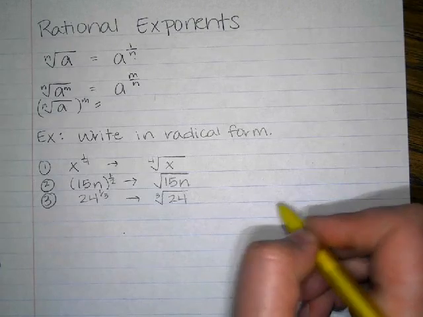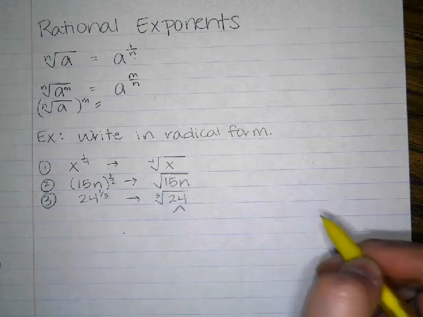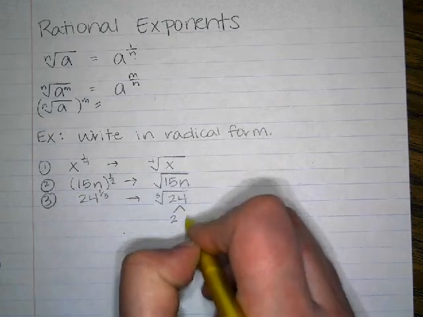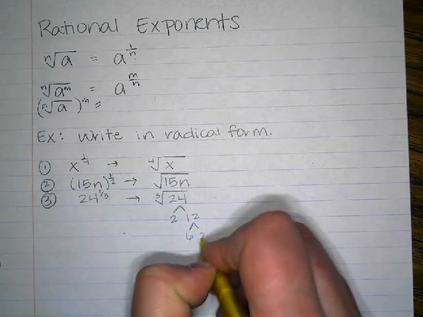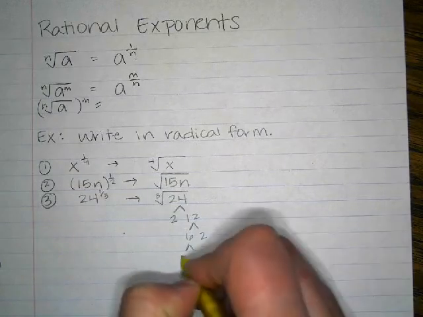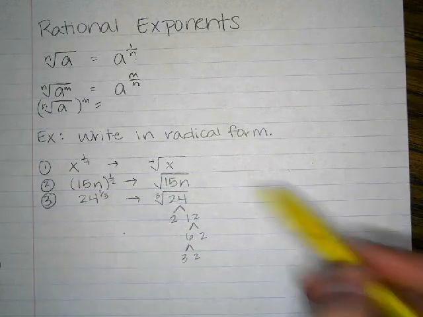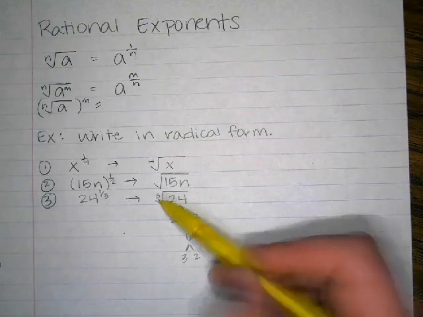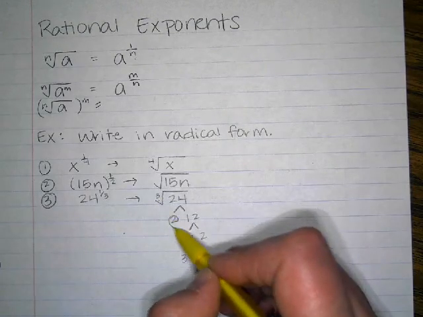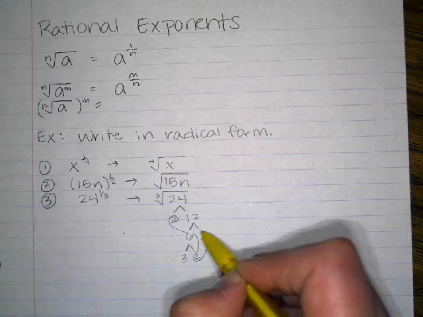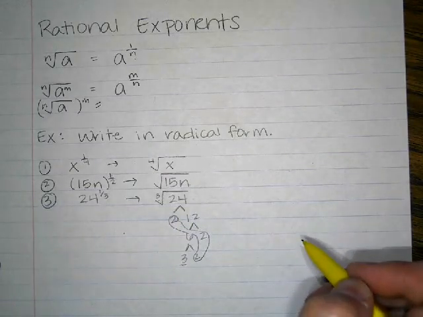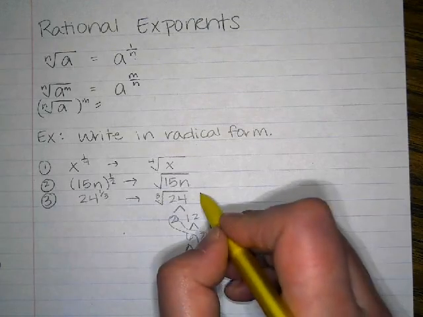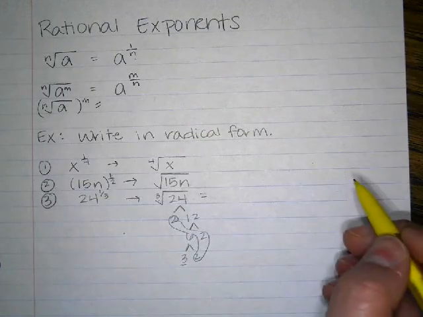Okay, so 24 is what times what? 2 times 12. 12 is 6 and 2. 6 is 3 and 2. Because it's a 3rd root, we are looking for triples. And then we got a leftover 3. And so what is our final simplified answer?